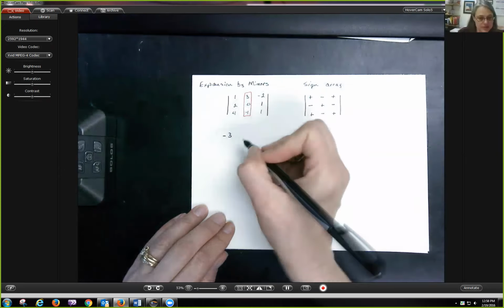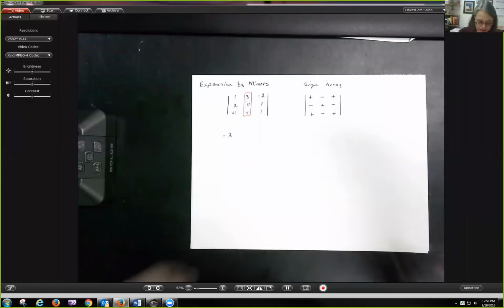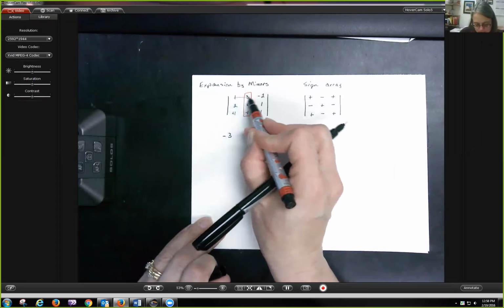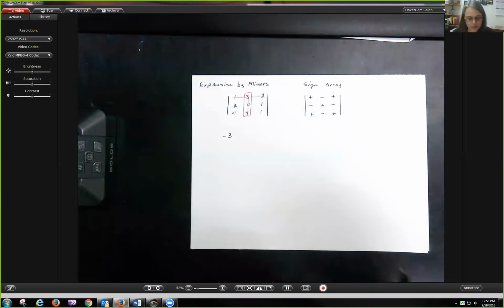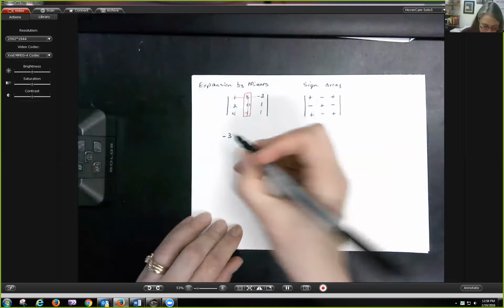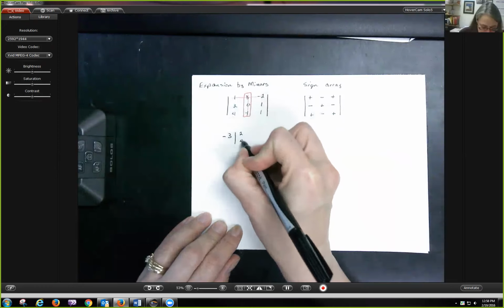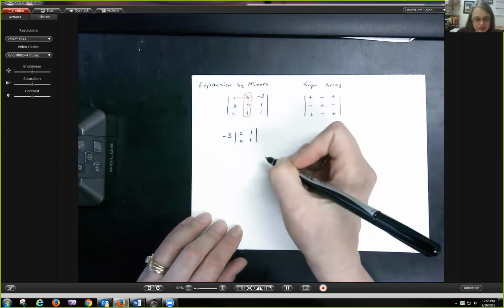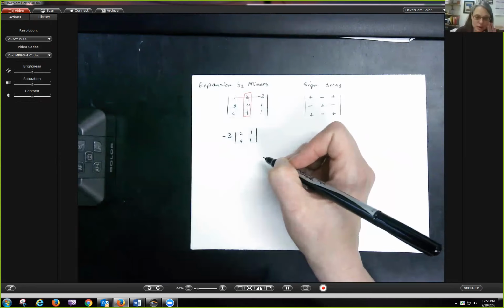It's a negative sign. Now I mentally cross out both this row, because I'm working in the top row, and the column I'm expanding about. And what I'm left with is the matrix 2, 4, 1, 1. And then I do the same thing with the next element in the row or column I'm expanding about.